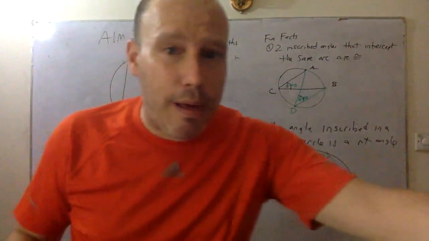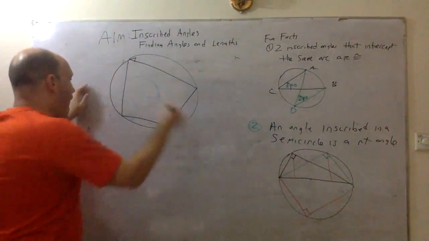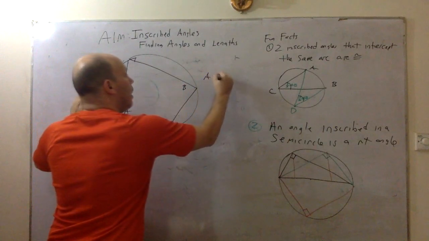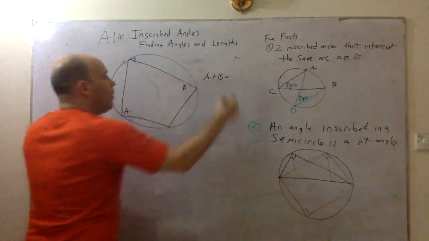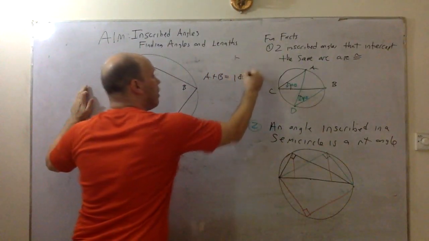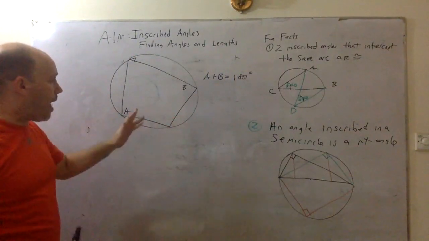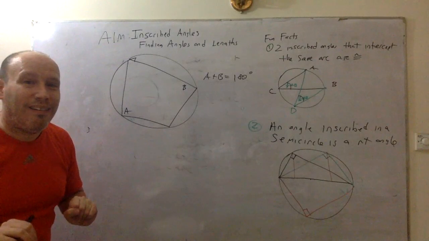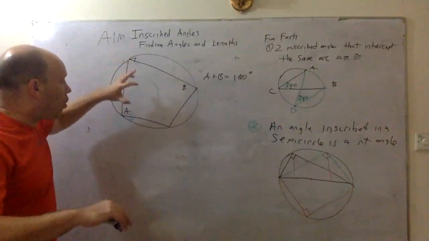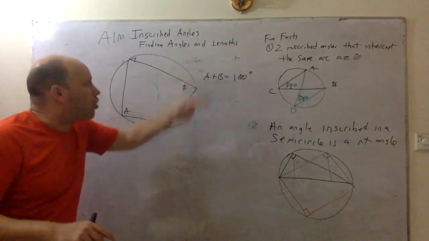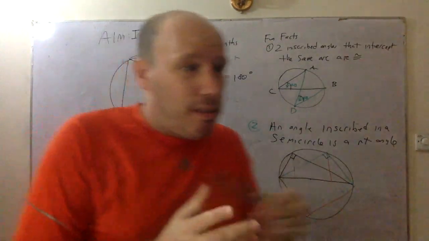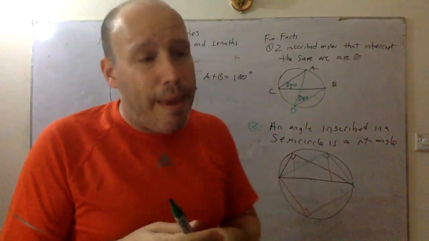The claim is that angle A plus angle B equals 180 degrees. That's the claim. Once again, inscribe any quadrilateral in the circle, and the opposite angles are supplementary. Those two angles make up a straight line.